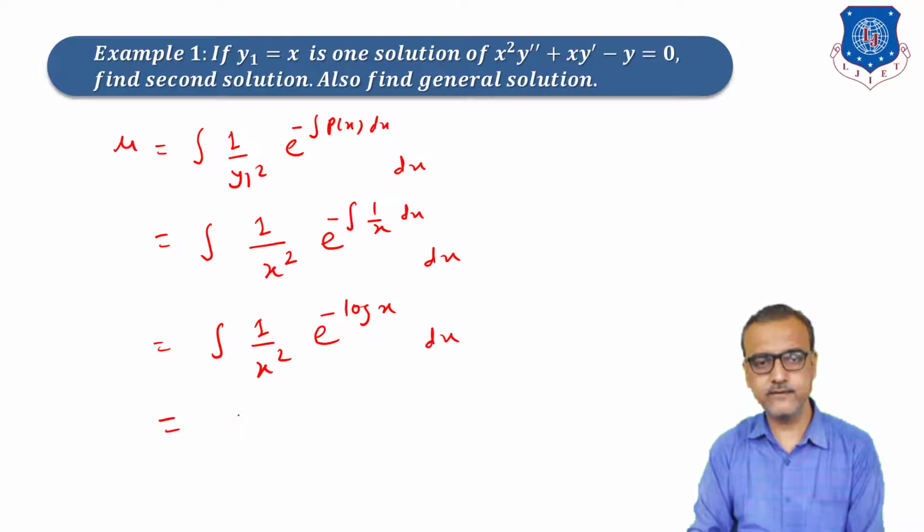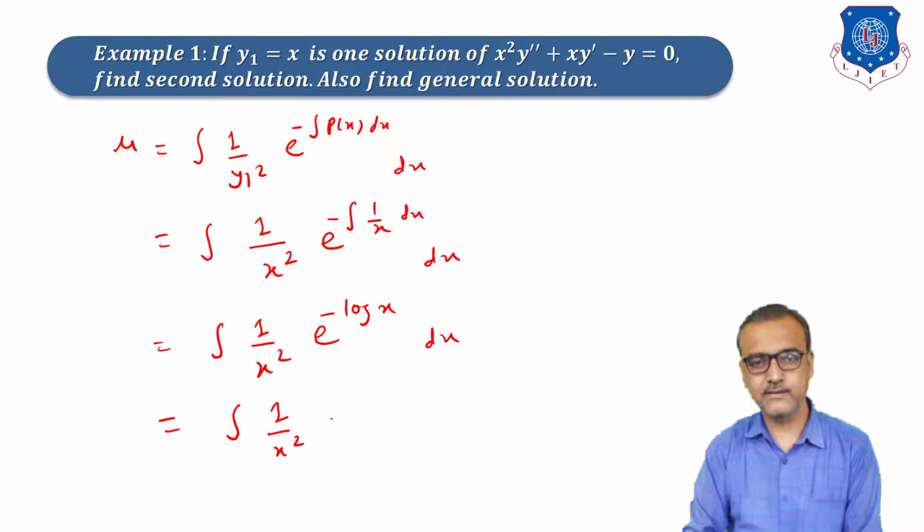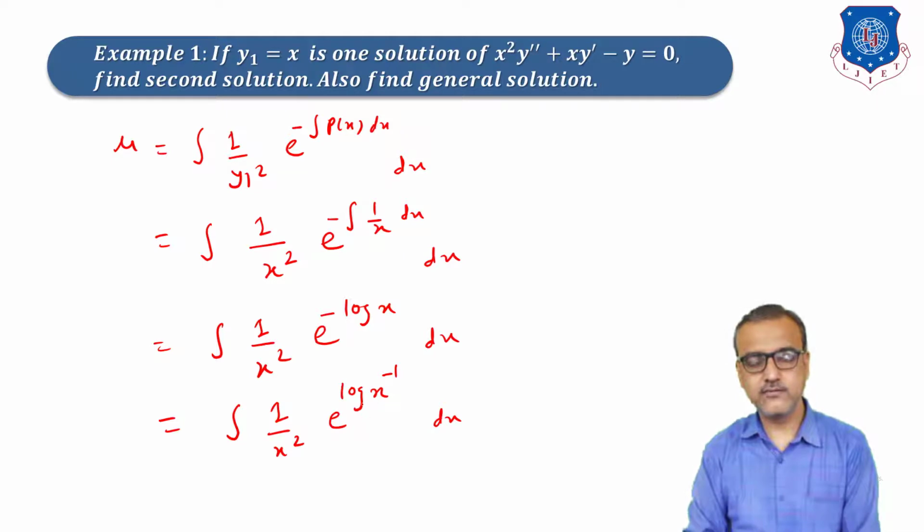Now this is equals to integration 1 upon x square e raised to minus log x, that is e raised to log x raised to minus 1. If you apply the property a raised to log y on base a is y, we have e raised to log x raised to minus 1 on base e, that is x raised to minus 1, which is nothing but 1 upon x.